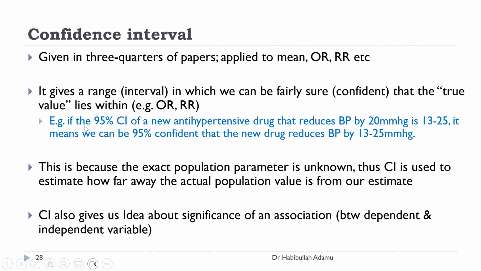So example, if a 95% confidence interval of a new antihypertensive drug reduces the blood pressure by 20 millimeters of mercury, and the confidence interval is 13 to 25.